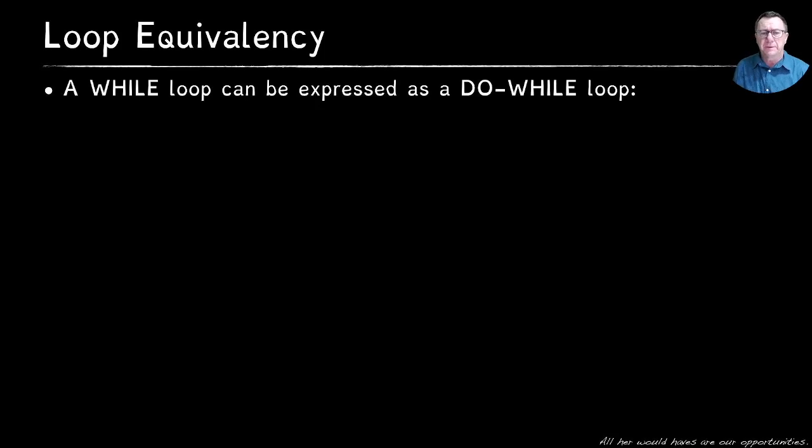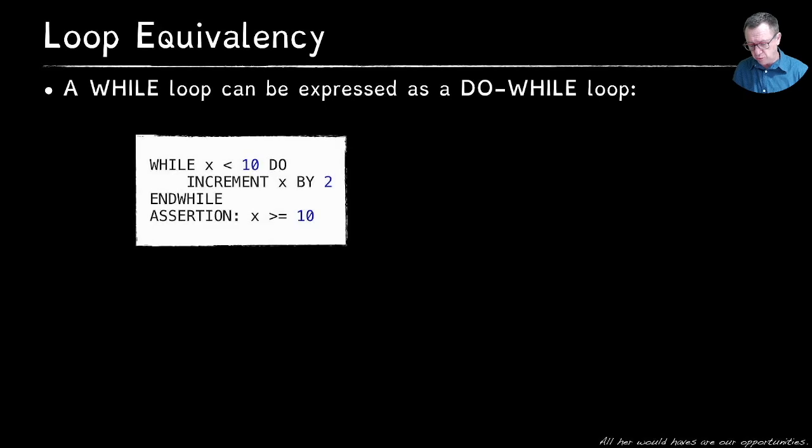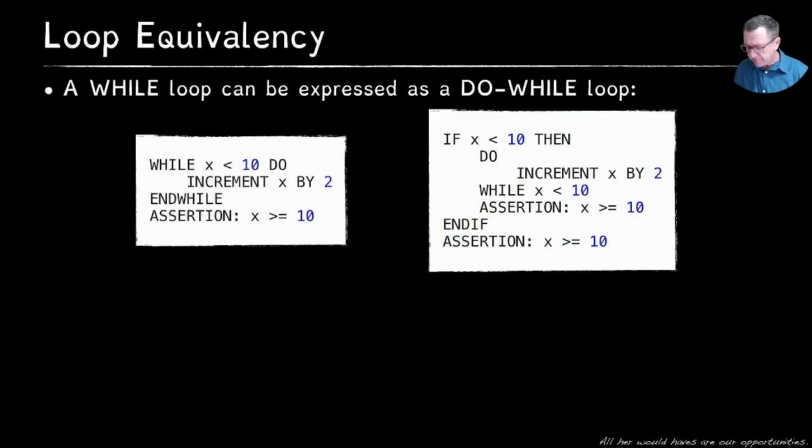So a while loop can be expressed as a do while loop. While x is less than 10, increment x by 2, and so on. If x is less than 10, do the body. So we've had a check before we went in to the loop.